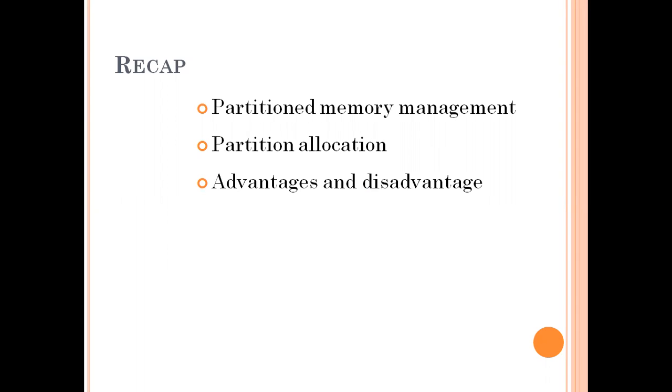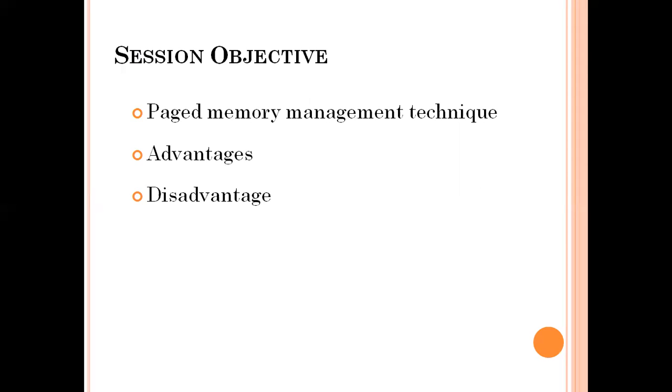So the table is in increasing order of size. In best fit, whenever a partition is to be allocated to a job, it allocates the partition which results in the least wastage of memory. So the best partition suitable for the particular job is allocated. We discussed the merits and demerits of each of these two partition allocation techniques.